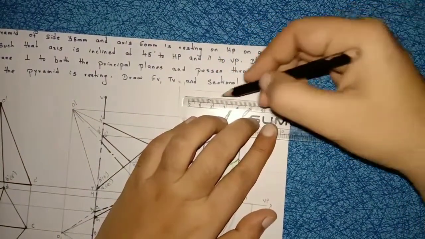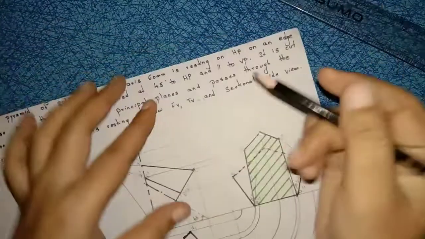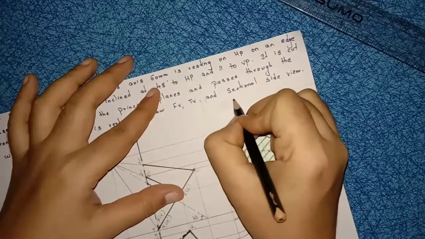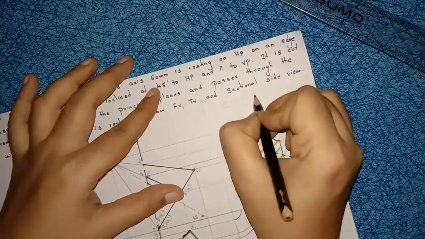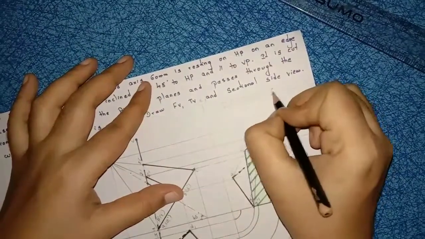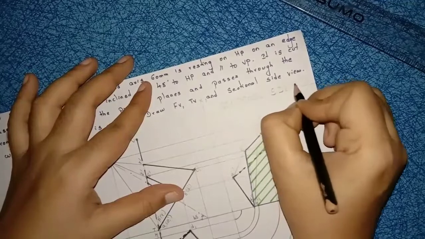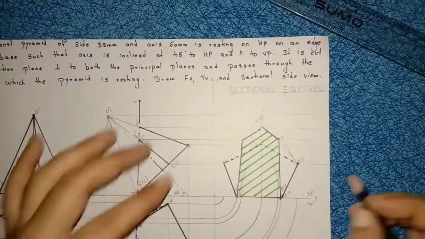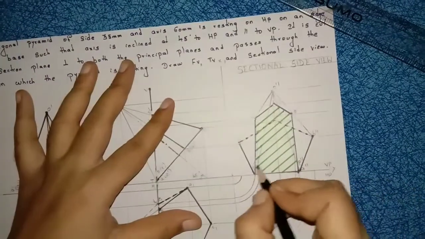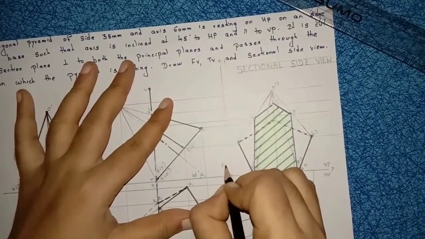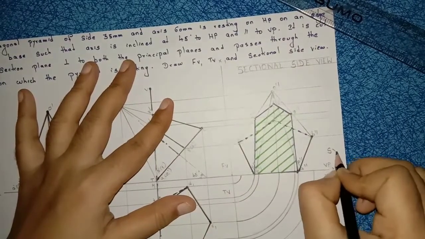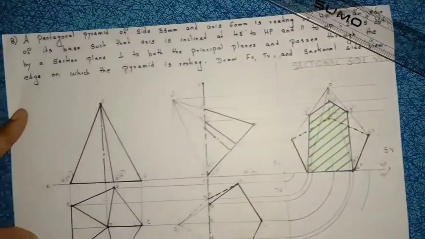Take height 5 mm and write down here. This is your sectional side view. Right, so actually this is your front view, this is your top view, and this is your side view. This is your sectional side view.